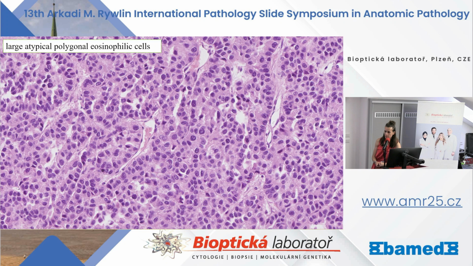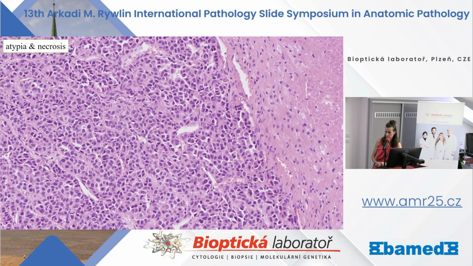If we go to higher magnification and look into the viable areas of the tumor, we can appreciate that there were large atypical polygonal eosinophilic cells, with quite pleomorphic, hyperchromatic nuclei, and also quite abundant eosinophilic cytoplasm in the tumoral cells.